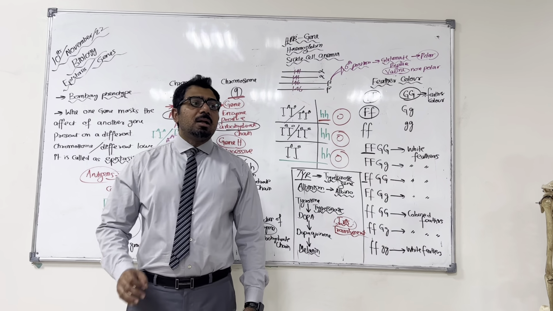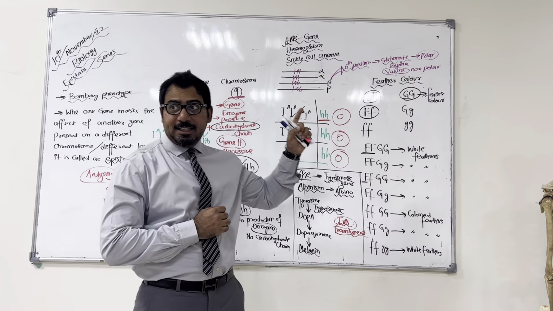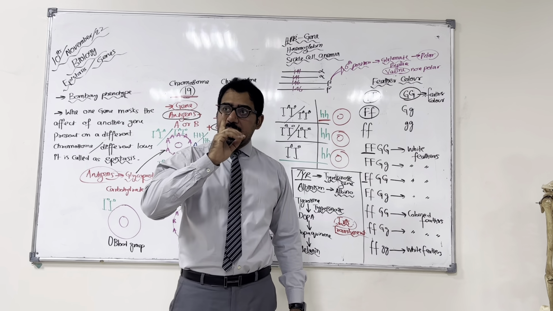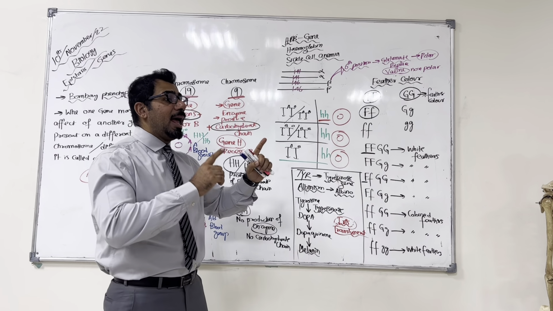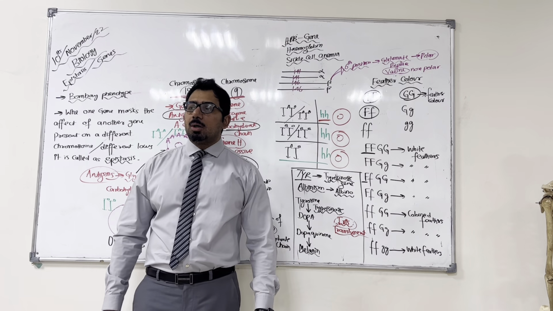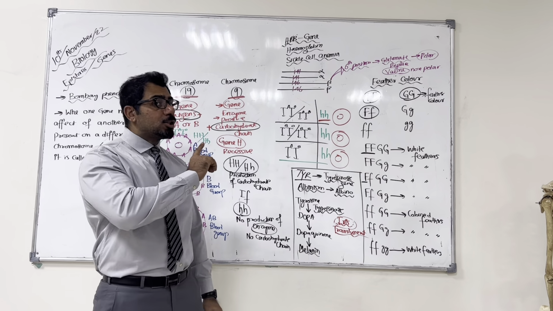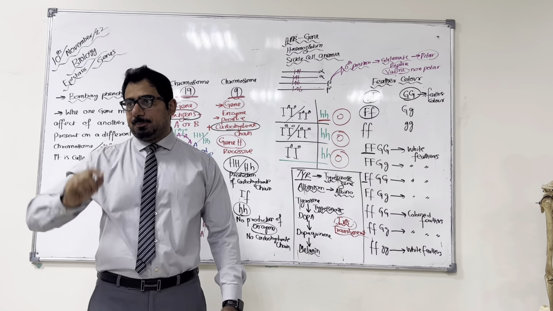Right? So this is because of the defective hemoglobin gene. Now remember that. We have learned that sickle cell anemia is another example of what? Codominance. It's not the recessive gene, it is the defective gene. Remember that.